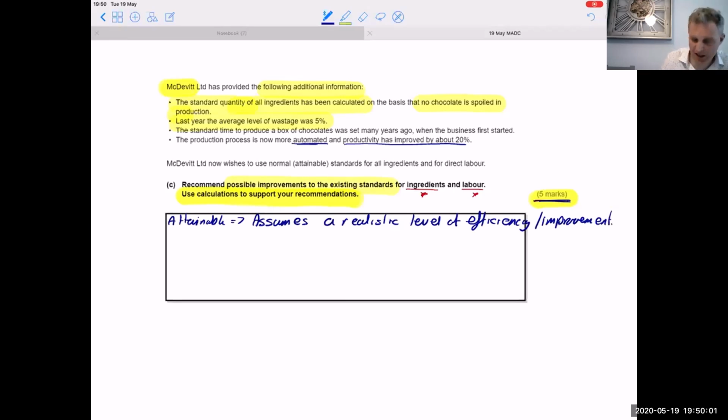We should really be setting standards based on a realistic level of efficiency, showing an amount of improvement that we think is achievable. Not achieving perfection straight away, but moving up and improving what we do. And it asks, what would the improvements be in terms of ingredients?